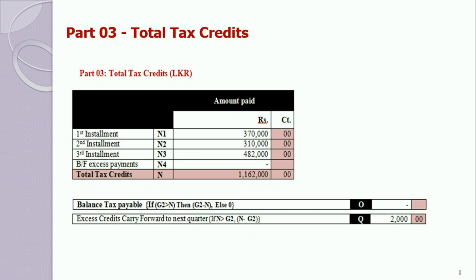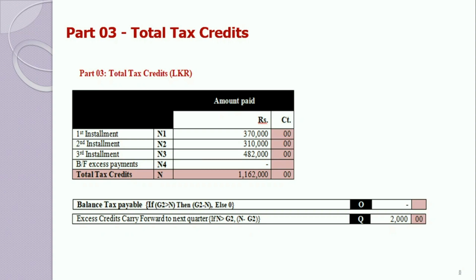If the total tax payments are less than the tax liability that you have ascertained in Part 2, then there would be a payable amount. Such amount should be declared in cage O.